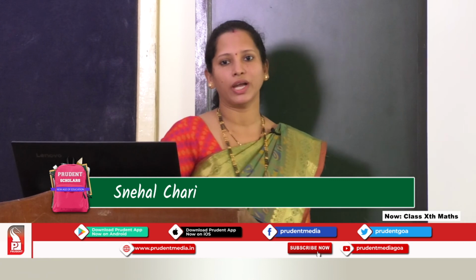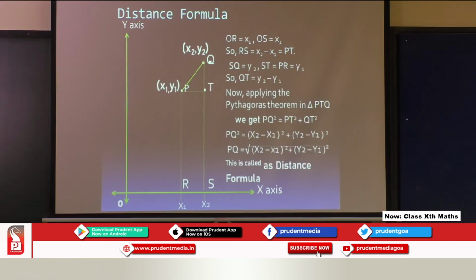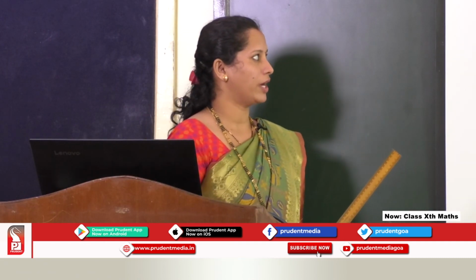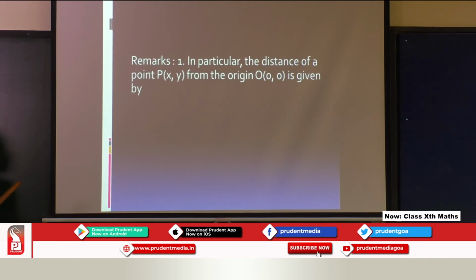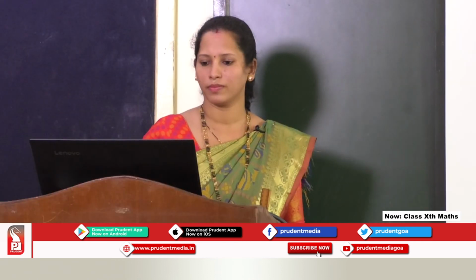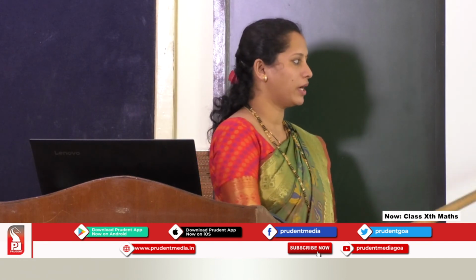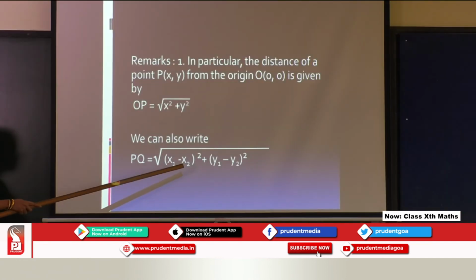So if you want to find the distance between two coordinates, we have to use this formula. In particular, the distance of a point P(x, y) from the origin O(0, 0) is given by OP is equal to root of x square plus y square. We can also write PQ is equal to root of (x1 minus x2) the whole square plus (y1 minus y2) the whole square.